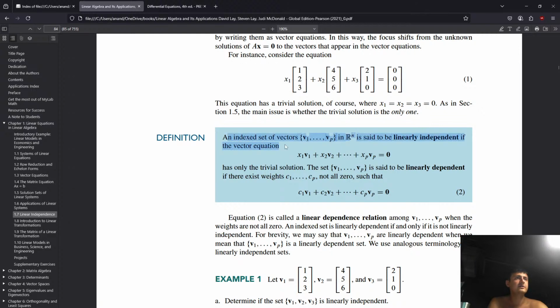The definition of linearly independent is that a set of vectors will sum to 0 if and only if the weights are the trivial solution.